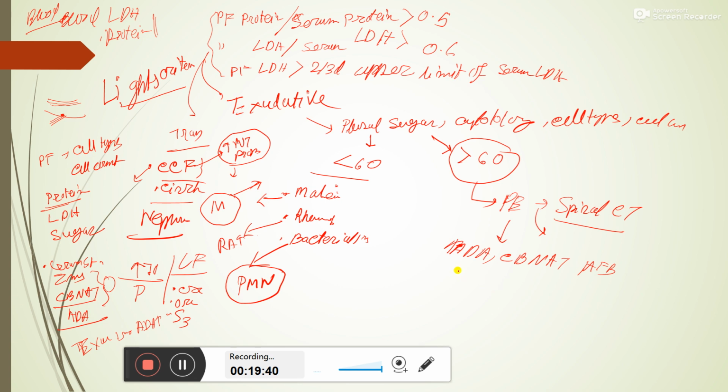But in most cases of primary pulmonary tuberculosis with pleural effusion, we get no bacilli, and CB-NAAT is also negative. So we get only an exudative, lymphocyte predominant effusion and high ADA value.